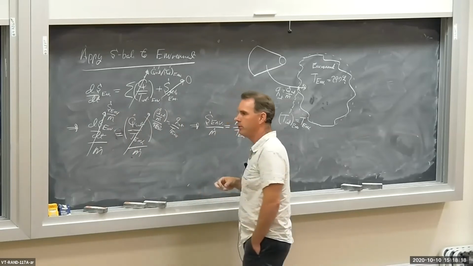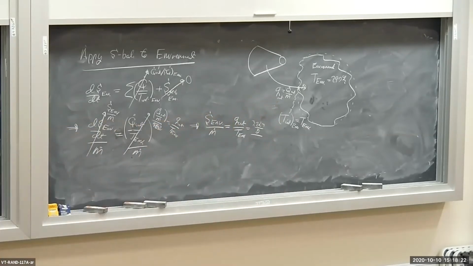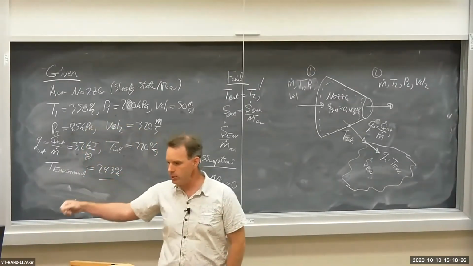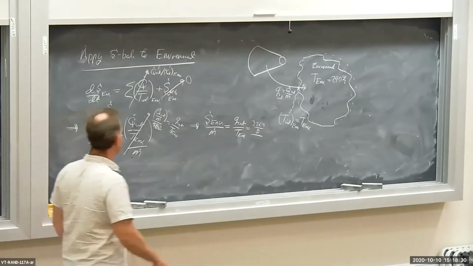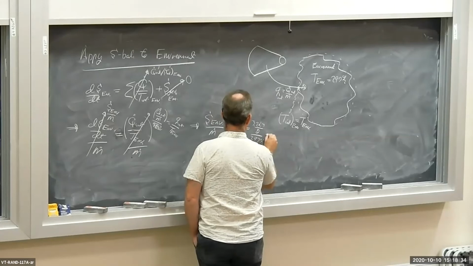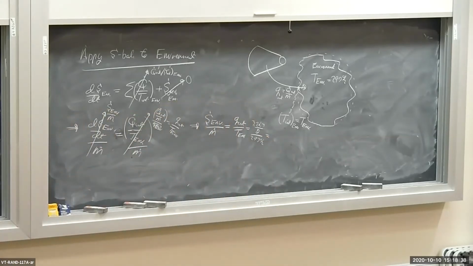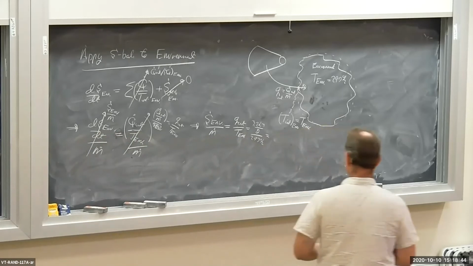And the environmental temperature, what's the environmental temperature? 293 degrees. 293 Kelvin, and I get a final rate of entropy transfer into the entropy change of the environment per unit mass flow.